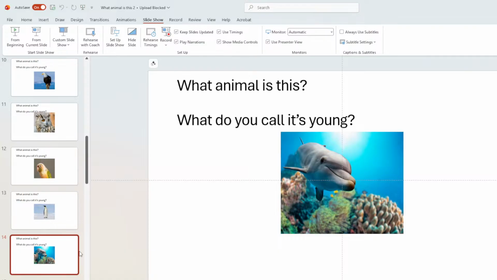That's one thing I can tell you at least, which you can also see from the picture. So what do you call the young one of that animal? What is that animal to start with? We haven't discussed that. What is it to start with?